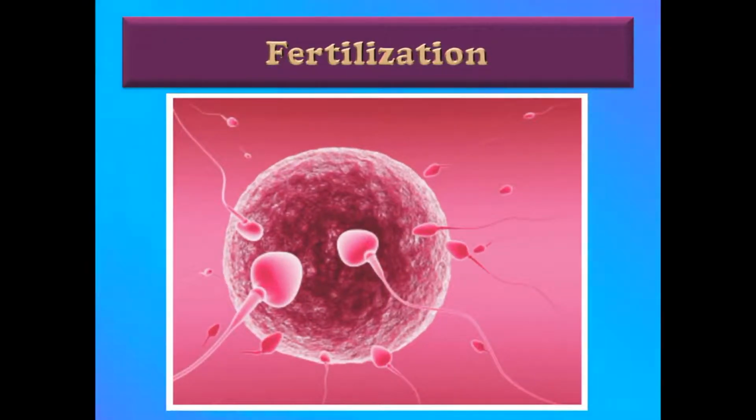The next reason for variation is fertilization. The chromosomes of parents reach the offsprings through gametes. Which are the gametes? The ovum as well as the sperm.